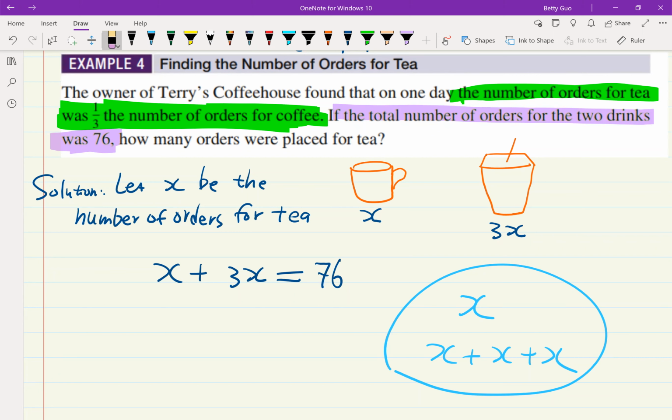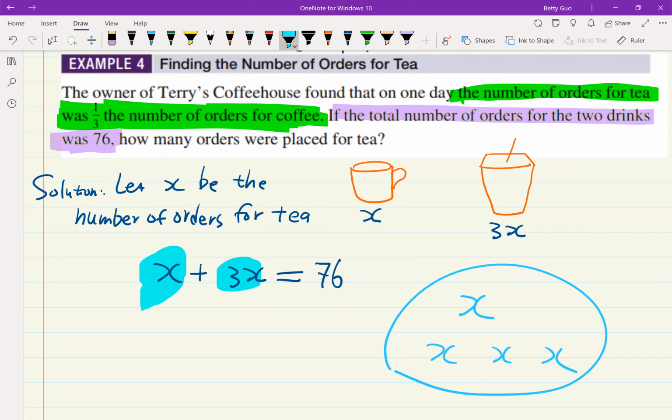You have x here, and you have another 3x. Yeah, 4x, exactly. You have a 1x here, and you have a 1, 2, 3, 3x there. So together you have 4x.